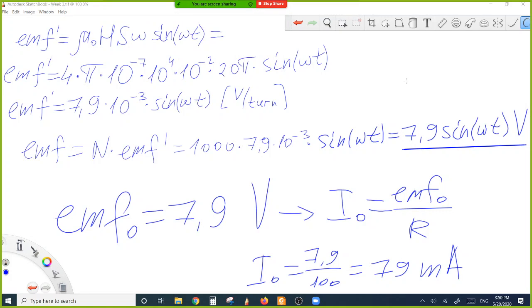Okay, the maximum current which flows through our circuit or through our loop is 79 milliampere, and the maximum value of electric motive force is 7.9 volt.